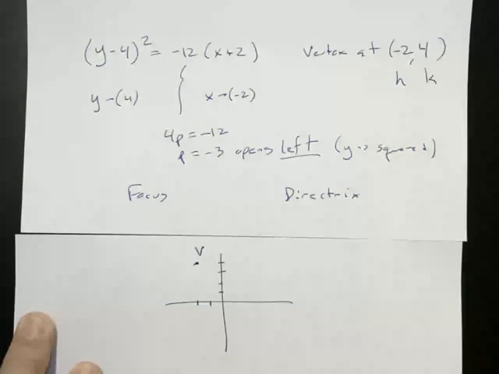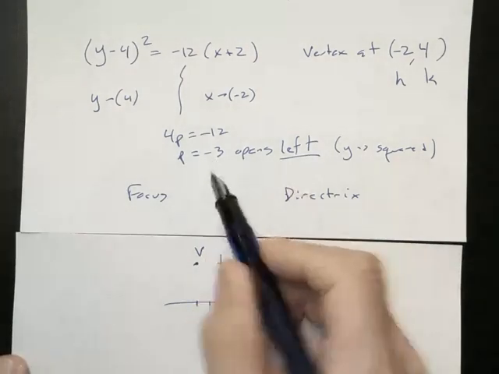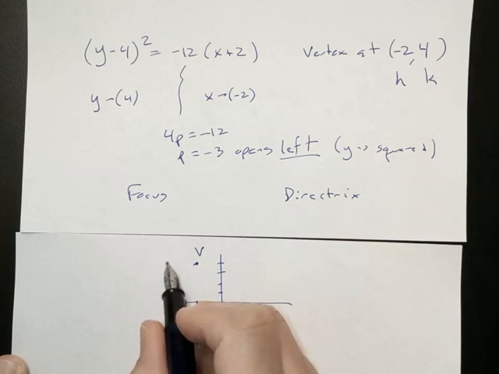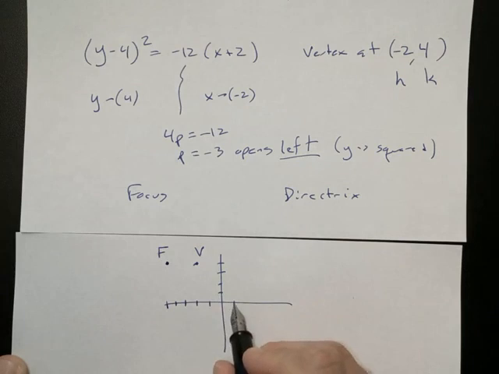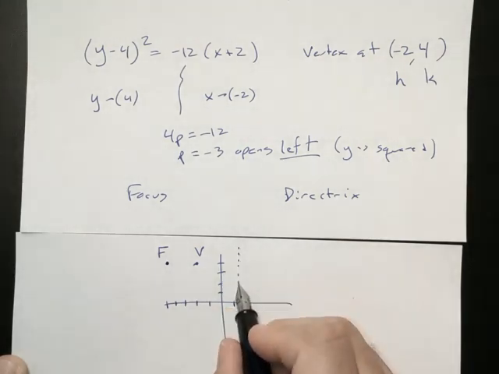Here's my vertex V. I am supposed to open to the left. Curve goes around the focus. The focus should be over to the left. It should be over 3 units. The directrix should be 3 units the other way.